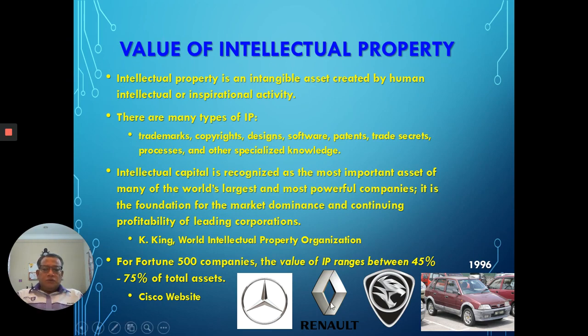There were two brands from Europe that were quite interested in seeking a joint venture collaboration with Proton in 1996. One was Mercedes-Benz from the Daimler Group. Another candidate was Renault of France.